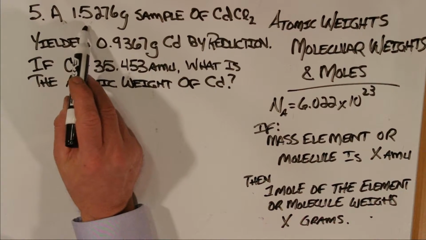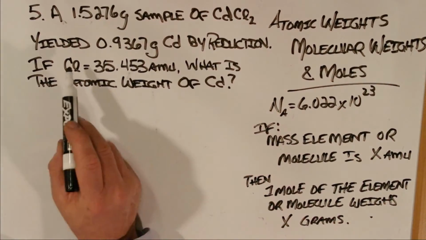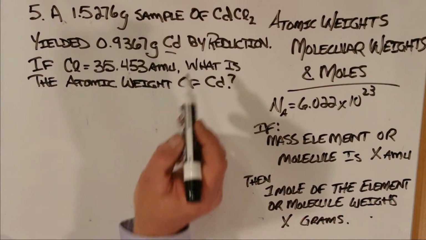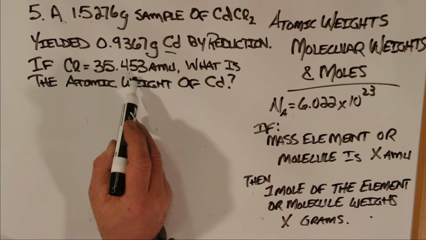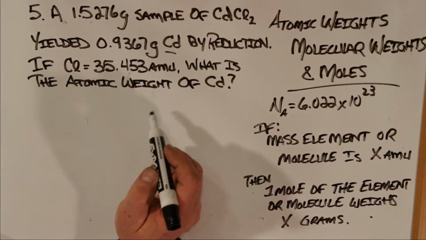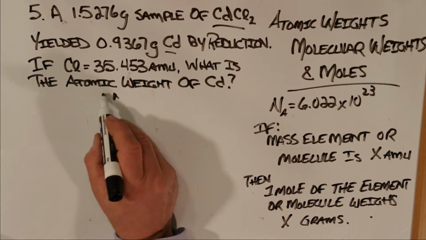Problem number 5, a 1.5276 gram sample of cadmium chloride yielded 0.9367 grams of cadmium by reduction. If chlorine has an atomic weight of 35.453, what is the atomic weight of cadmium? The idea here is to find the number of moles of chlorine.